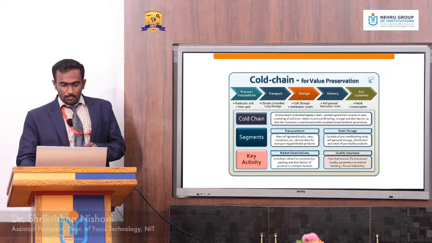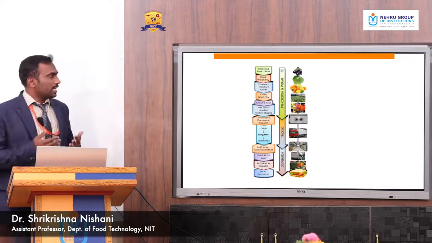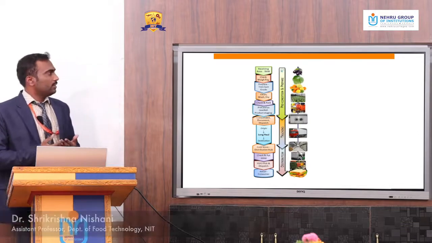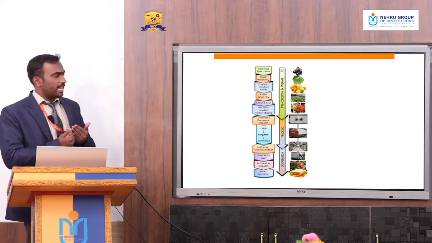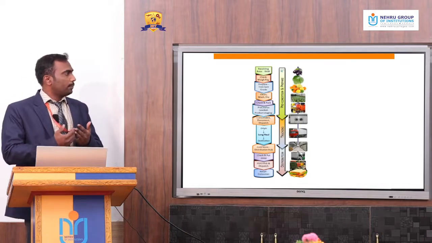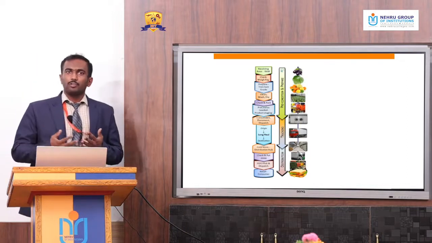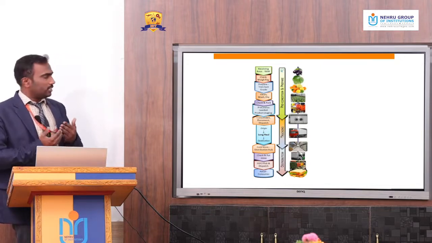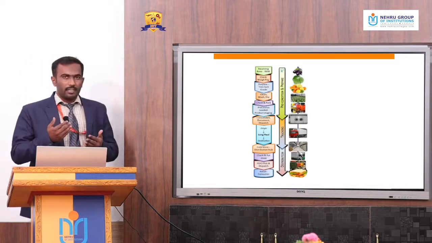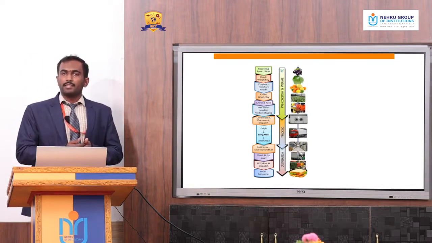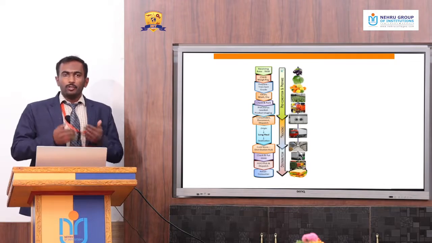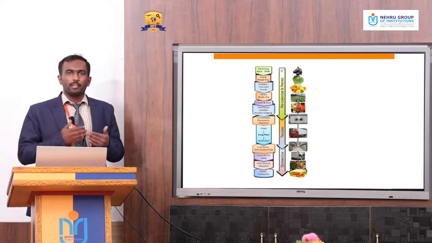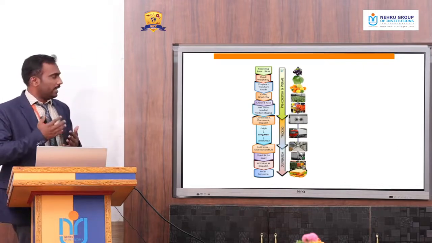What are the components in cold chain management? First, we receive the commodity, that is the raw material, and there are preconditioning stages. That means we have to check the weight and prepare the product for the ultimate market. Preconditioning involves cleaning and drying, and after that the first step at the farm gate is pre-cooling.